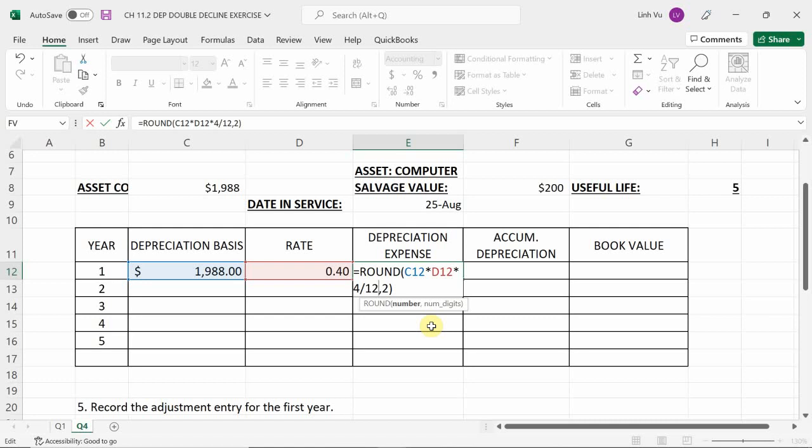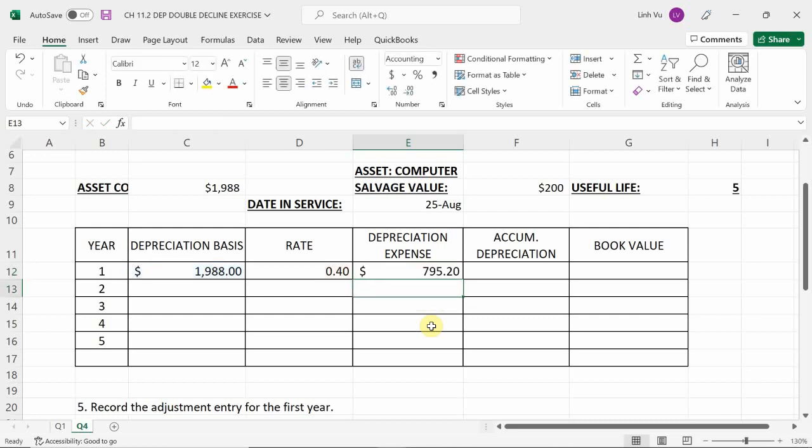Okay, let's start over. If I know this much information, if one whole year I will depreciate it by $795.20, but that's for a whole year.